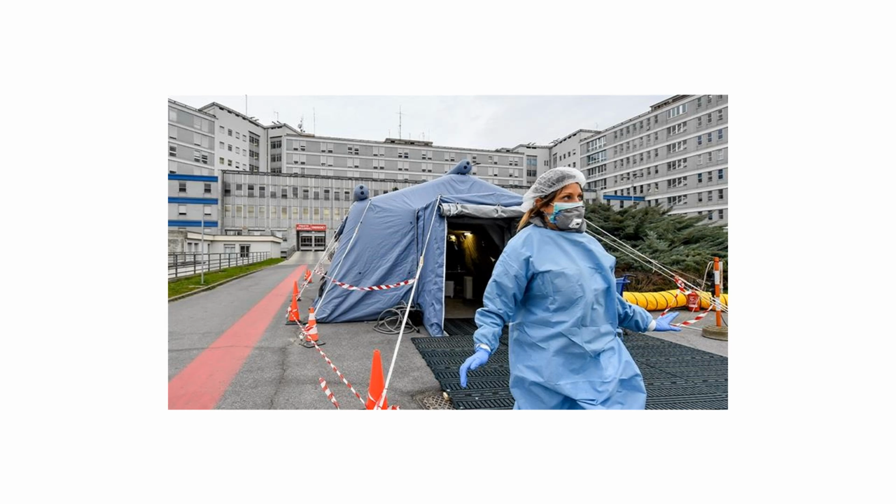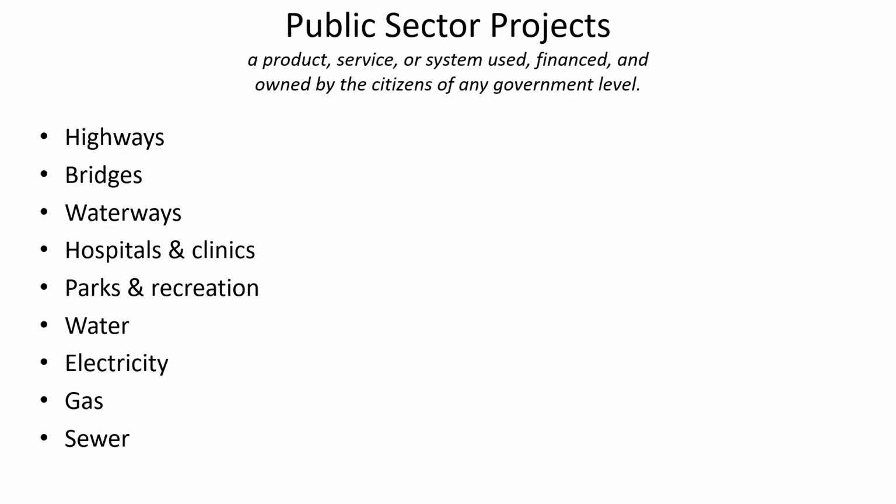So it's hard to know in a crisis whether expenses are justified, but there are still some tools that we can use to try and bring some order and sensibility to decision making when the options aren't going to yield a profit. So in order to do that, we have to look at what makes public sector projects unique.